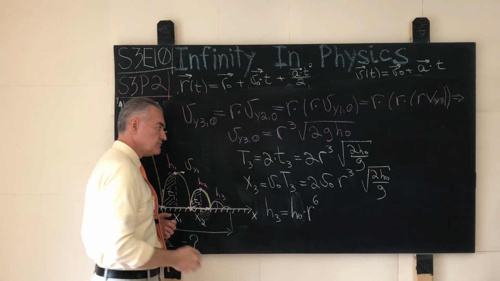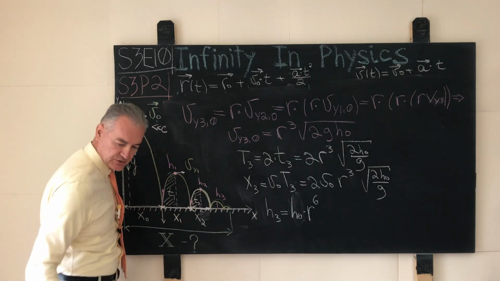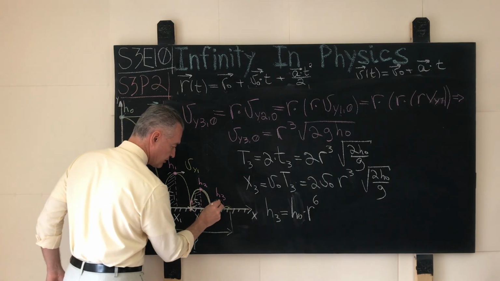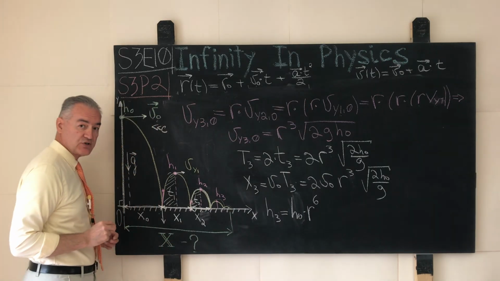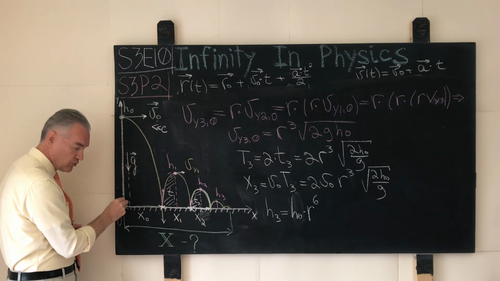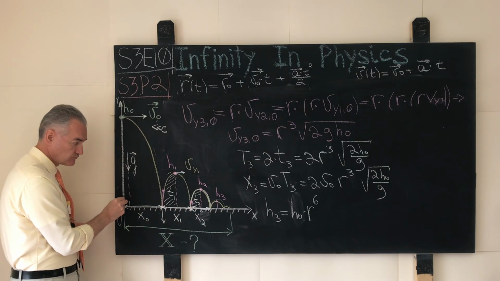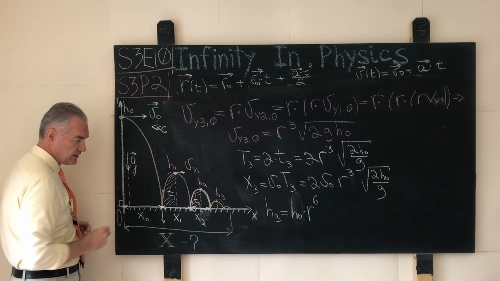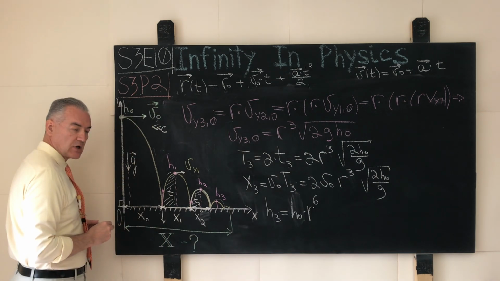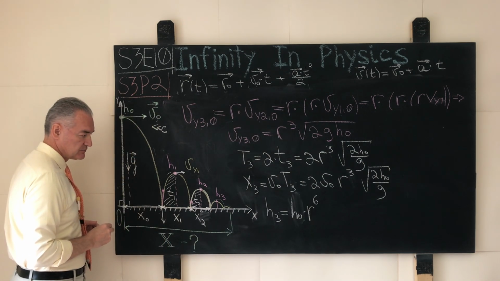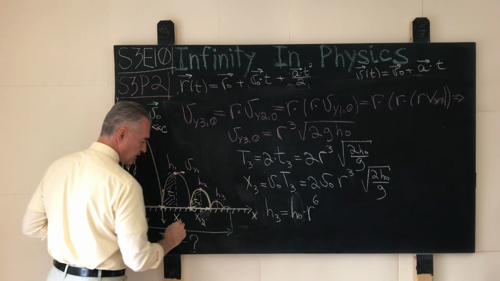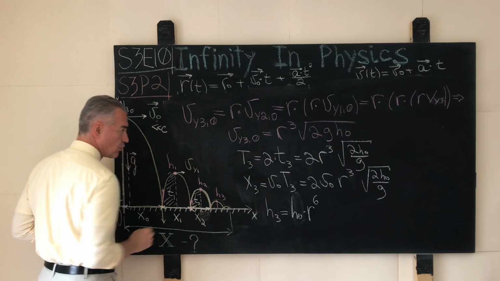At the top point of each parabolic arc, the vertical component of the chicken's velocity vanishes, because it is precisely perpendicular to the y-axis, and the cosine of 90 degrees is what? Is 0. The magnitude of the vertical component vanishes.